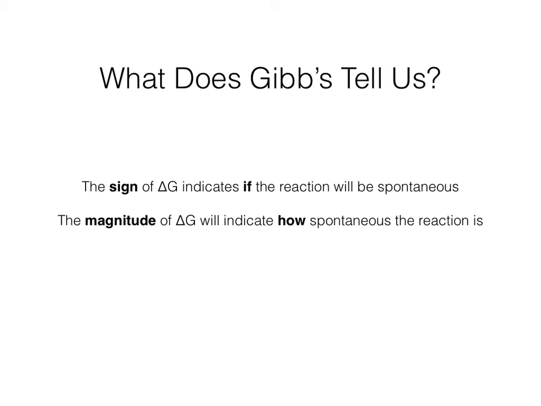Okay, and so what does Gibbs tell us? The sign of the Gibbs free energy tells us if the reaction will be spontaneous, and the magnitude of the Gibbs free energy tells us how spontaneous the reaction is.